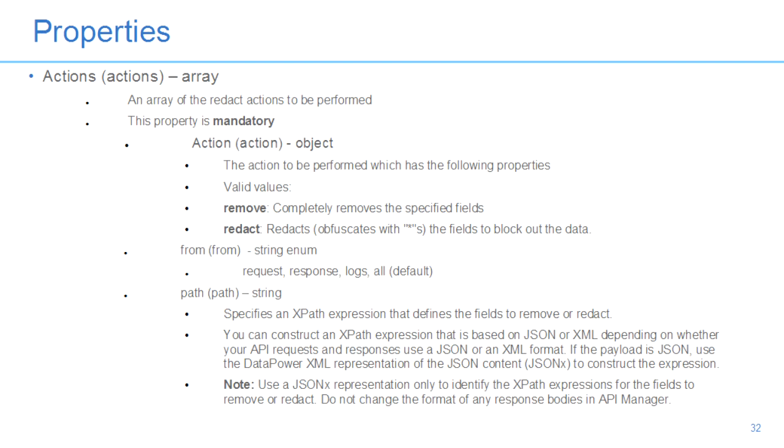So you have to write your XPath as though you're mapping into a JSONx document rather than a basic JSON document or a basic XML document. There are lots of instructions within the Knowledge Center on the Redact policy about the differences you'd need to handle for that.